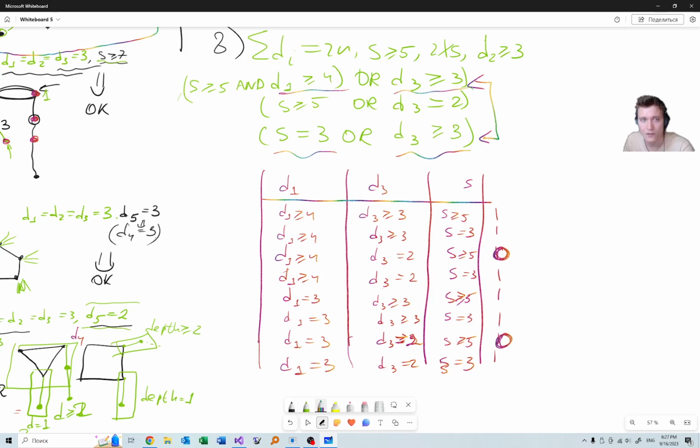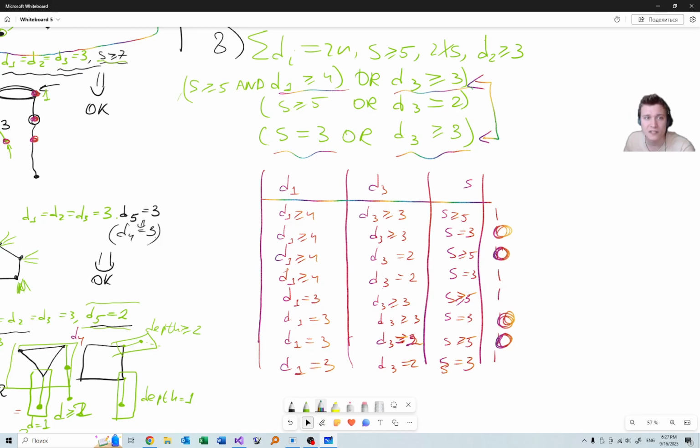Okay, the second thing, s is at least 5 or d3 equals 2. So it is impossible that s is equal to 3, but d3 is at least 3. So this is impossible, and this is impossible.